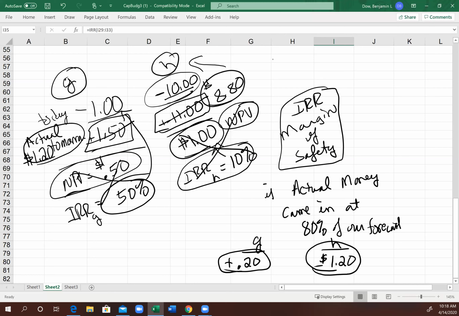So the fact that G had such a high IRR leads me to believe that high IRR is an indicator of a safety margin associated with the project.